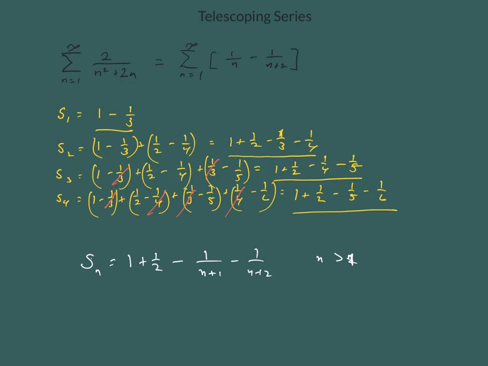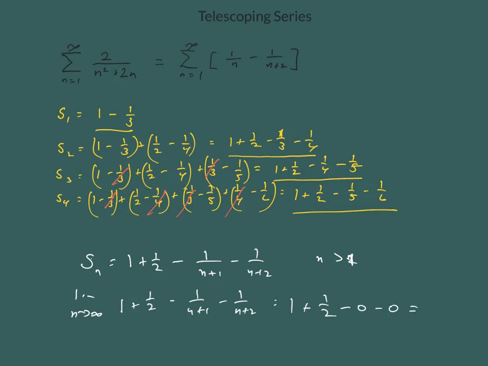So if I take the limit as n goes to infinity of 1 plus 1/2 minus 1 over n plus 1 minus 1 over n plus 2, 1 goes to 1 and 1/2 goes to 1/2. But these two pieces are basically 1 over infinity plus 1 and 1 over infinity plus 2, and for all intents and purposes, we can think of those as 0.